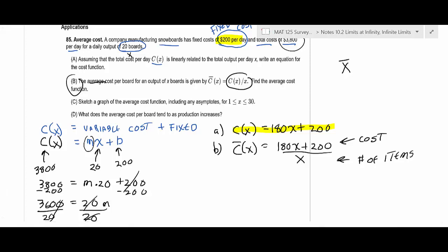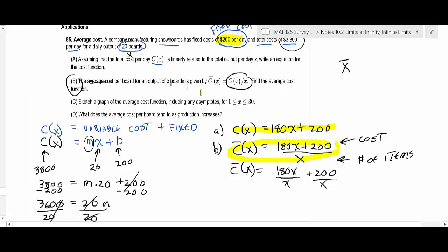Okay, now you could leave the answer that way, but it's probably best for what we will eventually do with the calculus to split this apart and write it this way. So I'm going to write this as 180x over x plus 200 over x. Again, it's okay to write your answer the other way, but you can split fractions apart.